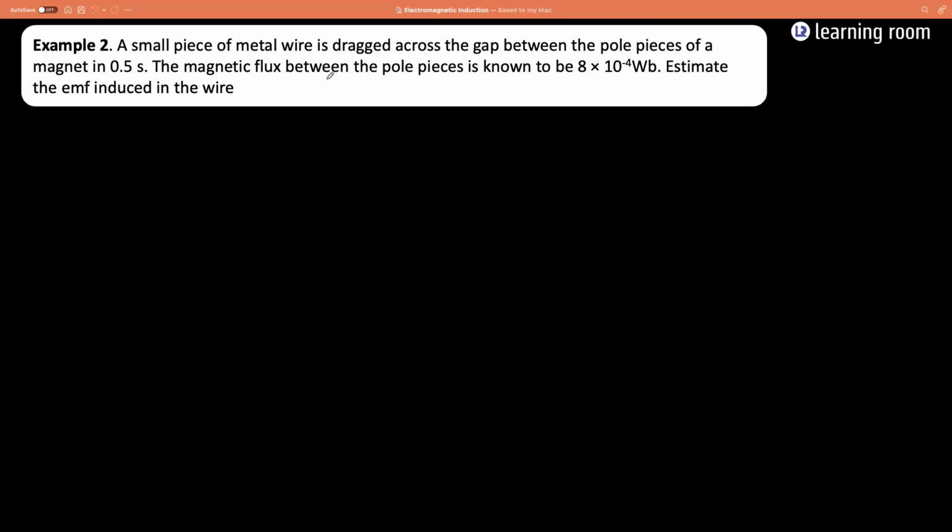So do this one. A small piece of metal wire is dragged across the gap between the pole pieces of a magnet in 0.5 seconds. The magnetic flux between the pole pieces is known to be 8 into 10 power minus 4 Weber. Estimate the EMF induced. EMF is equal to delta phi by delta t. 8 into 10 power minus 4 divided by time, which is half.